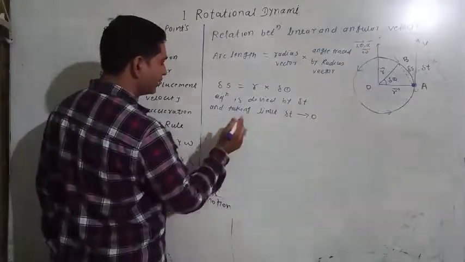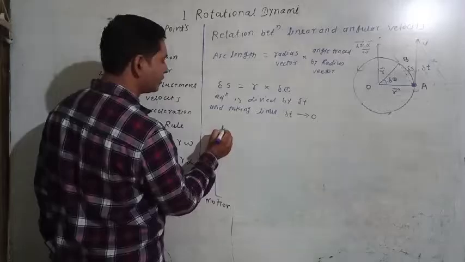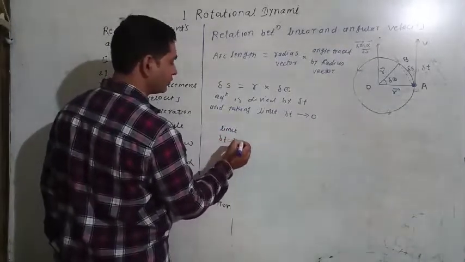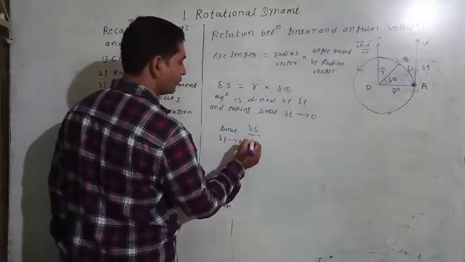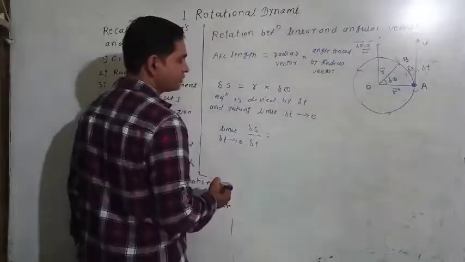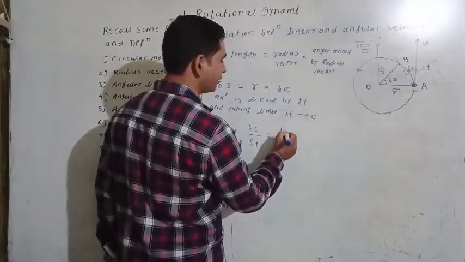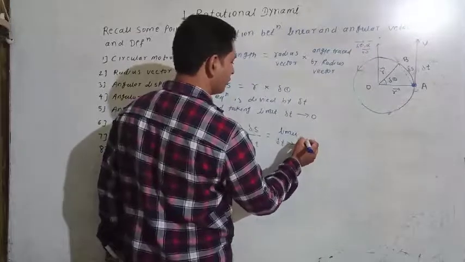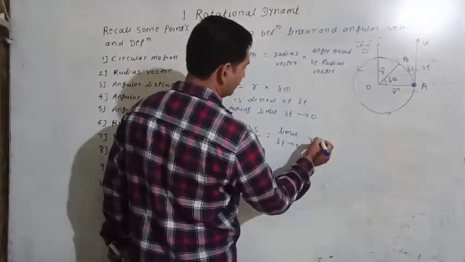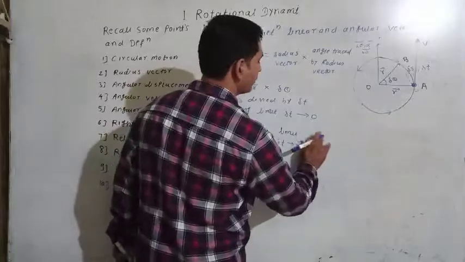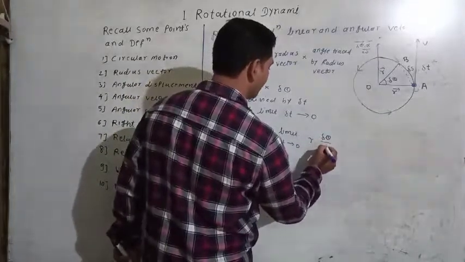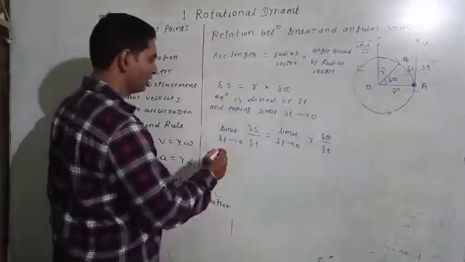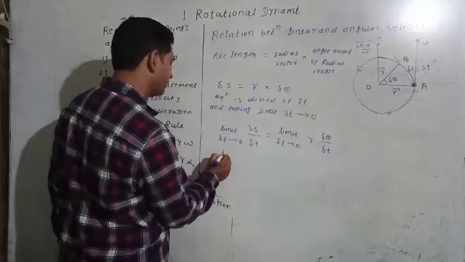Here we take the limit del t tends to 0 on del S upon del t, which equals the limit del t tends to 0 of R into del theta upon del t.